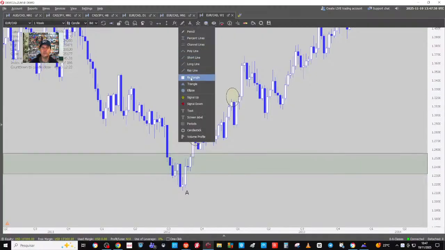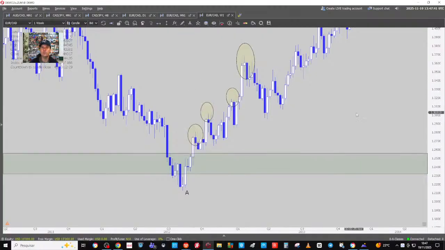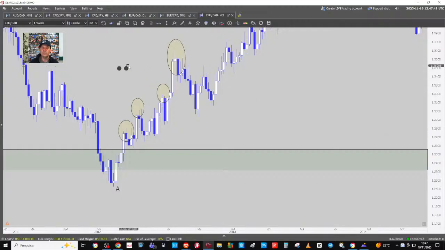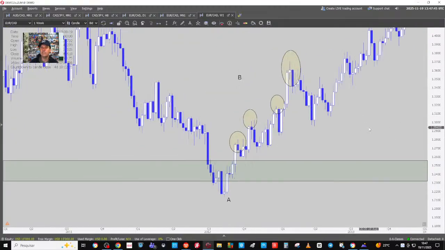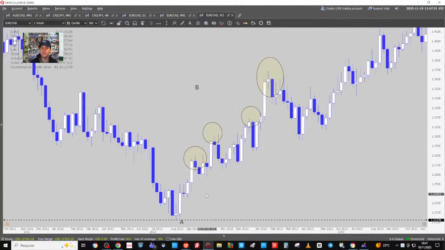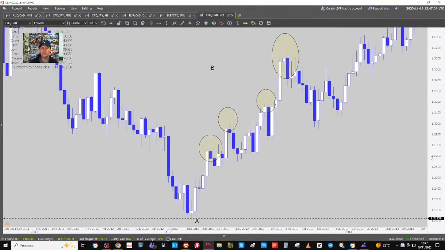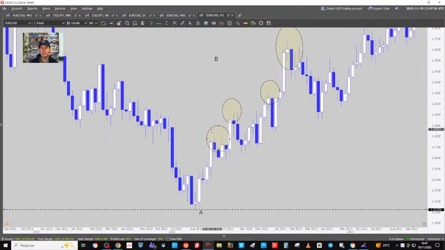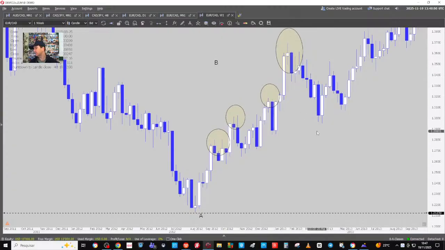Or is the fourth circle the B? Going to delete the monthly band so far. Which one is the B? First circle, second circle, third circle, or fourth circle? Yeah, we're going to go back to the daily then.